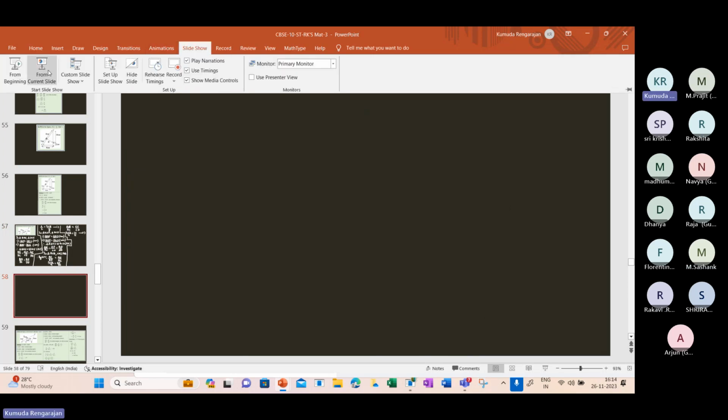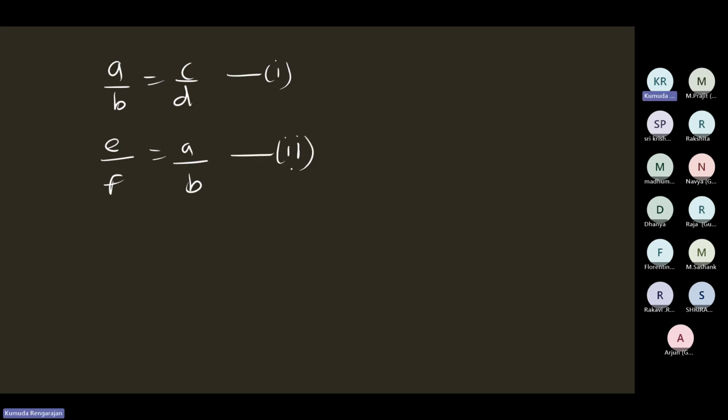Now, in 2 proportions, see, if we have a proportion like A by B is equal to C by D, and we have another proportion like E by F is equal to A by B. Now, if we have proportions like this, children, in both the proportions, we have a common ratio A by B. So from 1 and 2, we have C by D is equal to E by F. When you have 2 proportions in which one ratio is common to both the proportions, this is what we conclude.